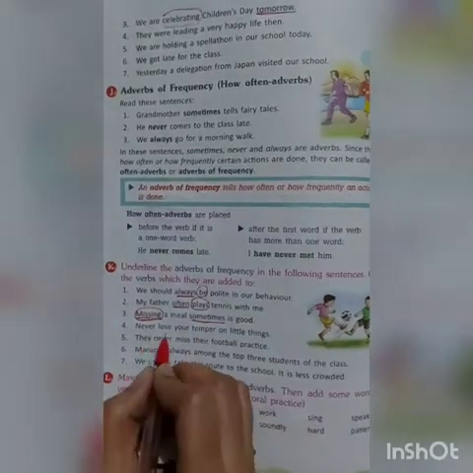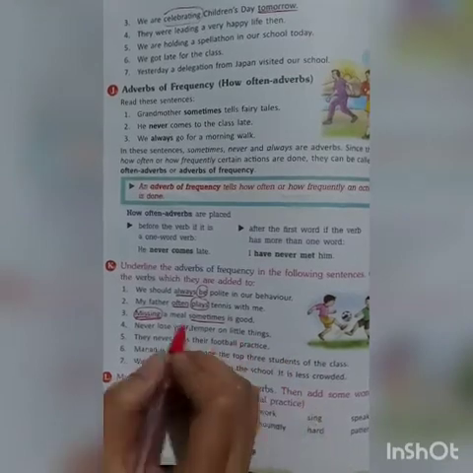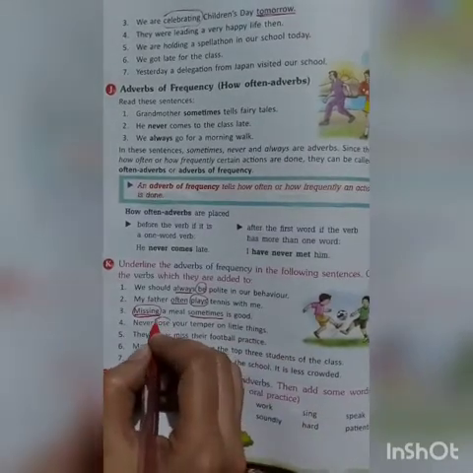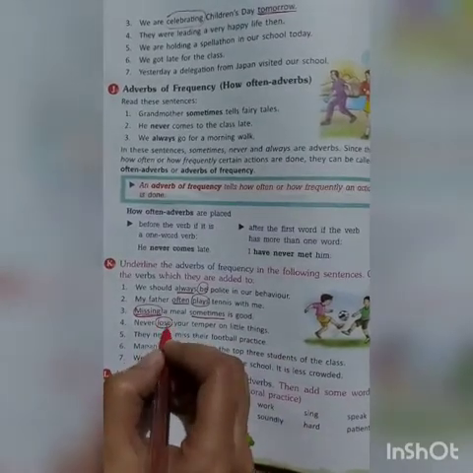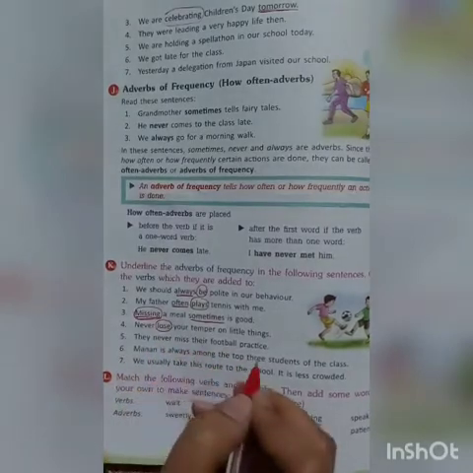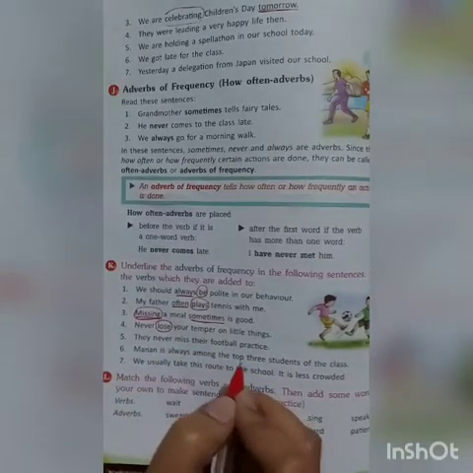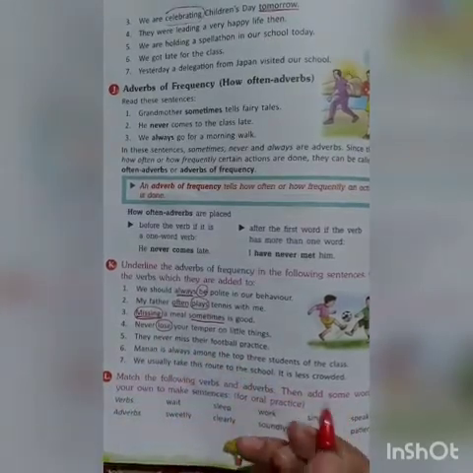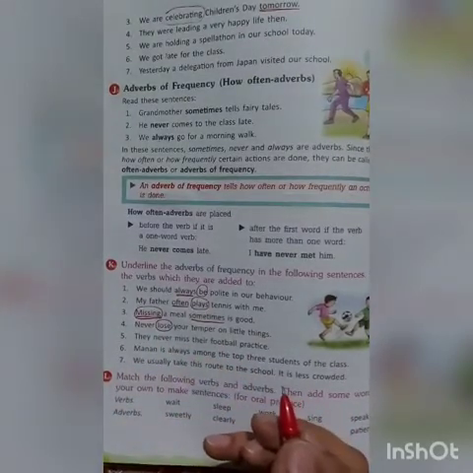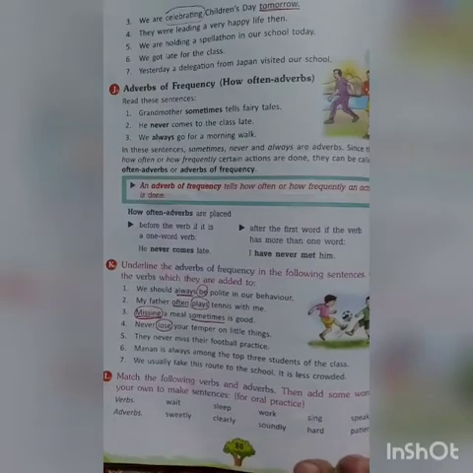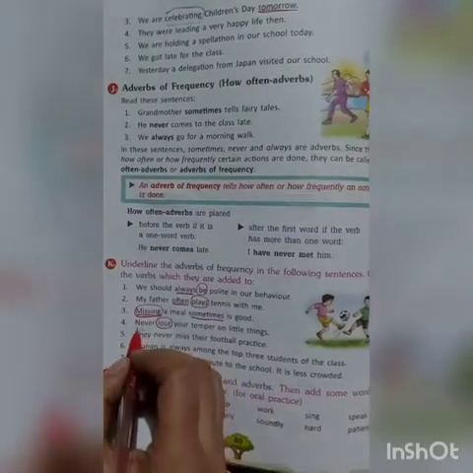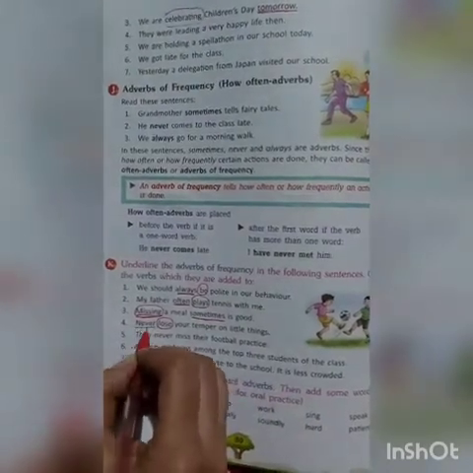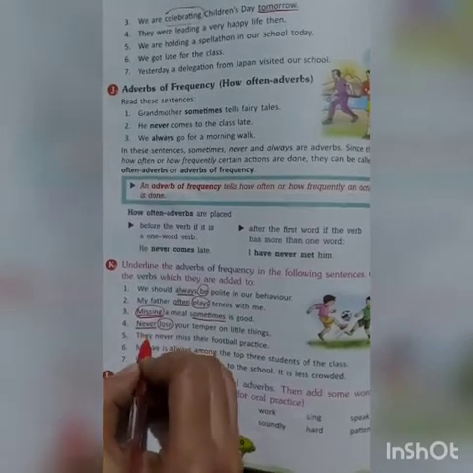Next, never lose your temper on little things. Now here, lose is the verb. Okay, and if I say how often should you lose your temper on little things, the answer will be never. So never is an adverb of frequency.